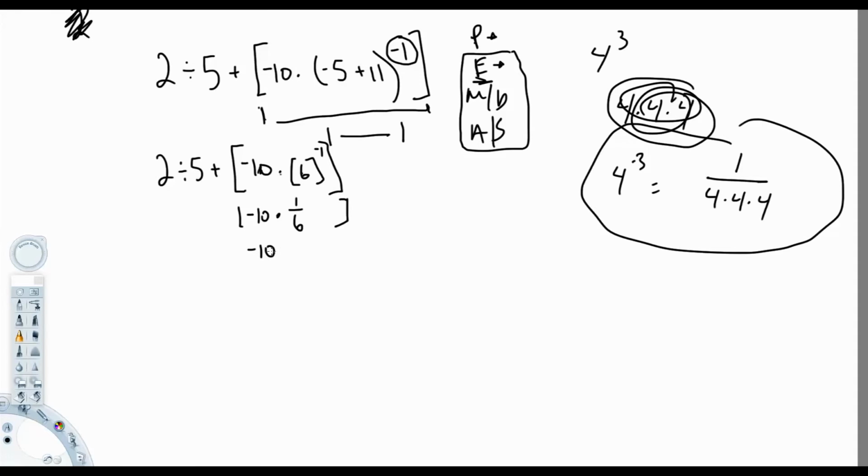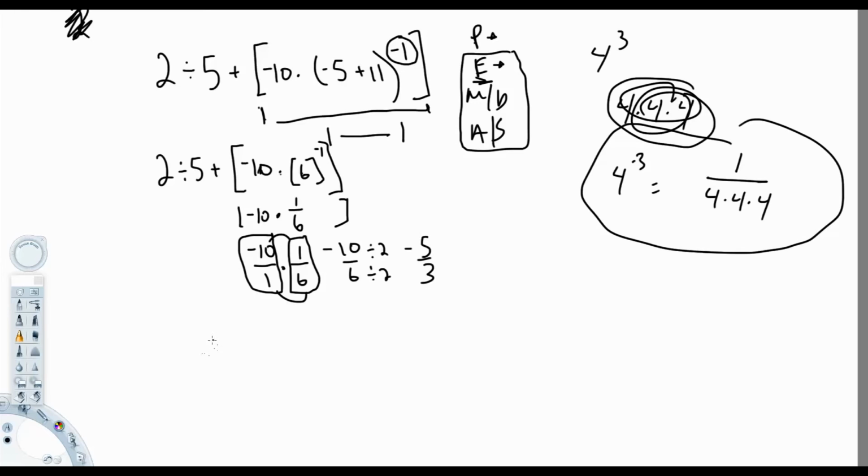So minus 10, which is really minus 10 over 1, multiplied by 1 over 6. So this is a negative expression, and this is a positive expression. So all we do is we multiply like this. So we're going to have minus 10 over 6. Can we reduce that? I think we can. So negative 5 over 3.